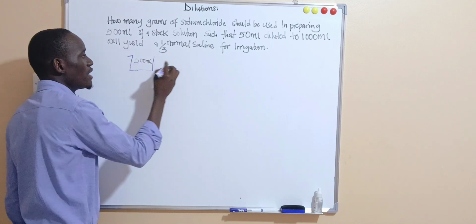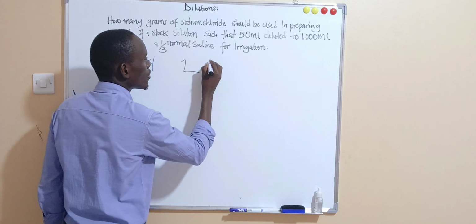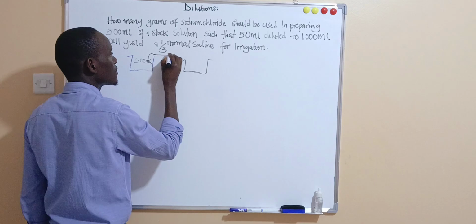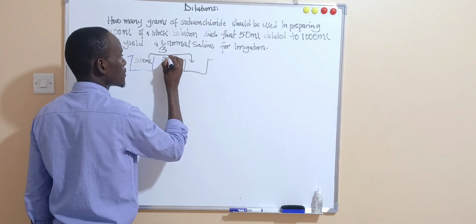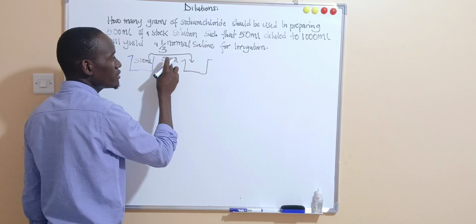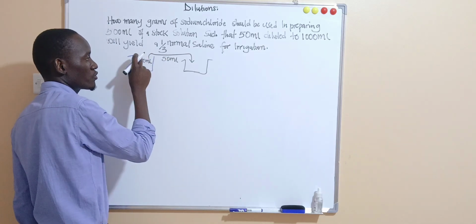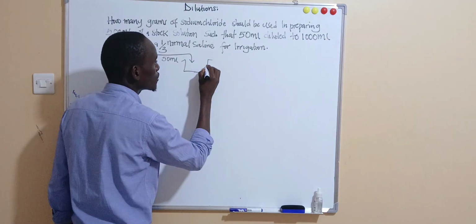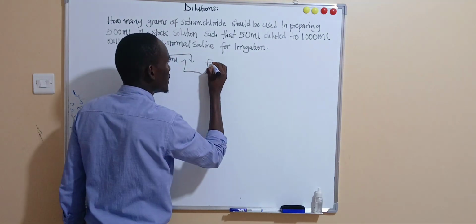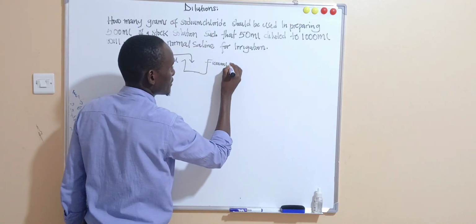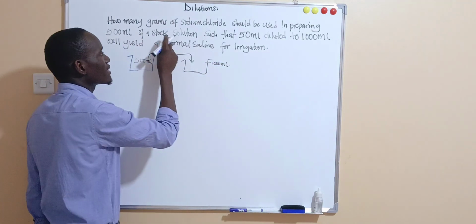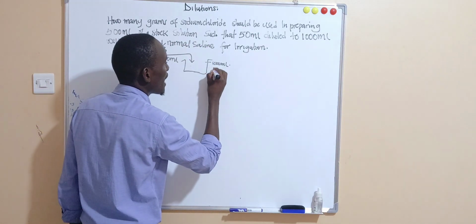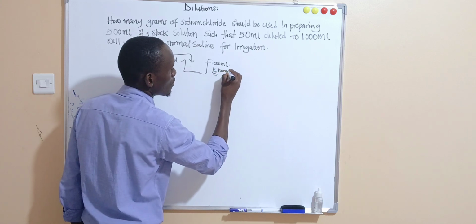So from this 500 mils, we picked 50 mils. And this 50 mils that was picked from our stock concentration solution was diluted to 1000 with the solvent, giving us a concentration of the diluted solution as being a third normal saline.